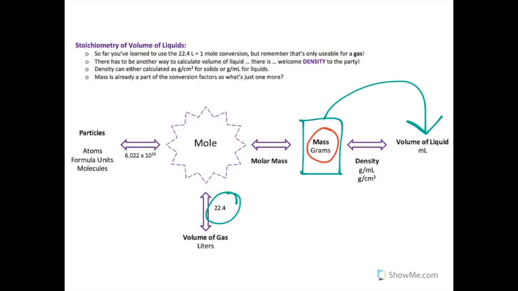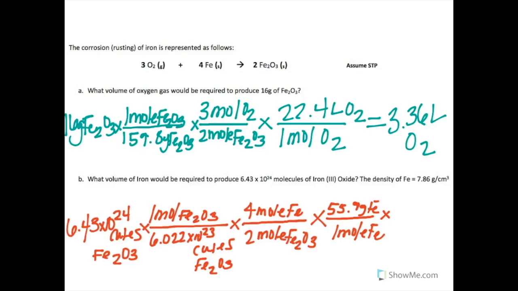And now we're going to use density to get us to the actual volume. Back to the given problem, it told us that the density of iron was 7.86 grams per centimeter cubed. So that's what comes next. What we have is grams, and we want to end up with centimeters cubed. So on the bottom, we're going to put the 7.86 grams.